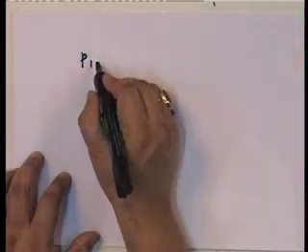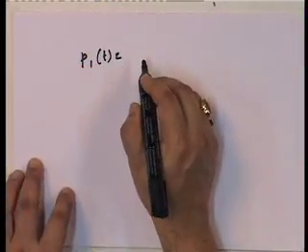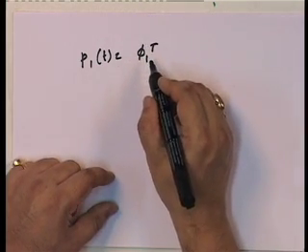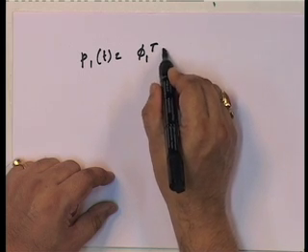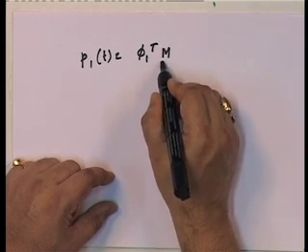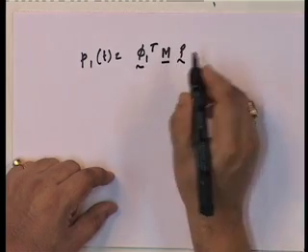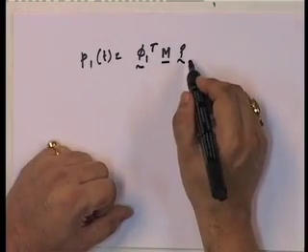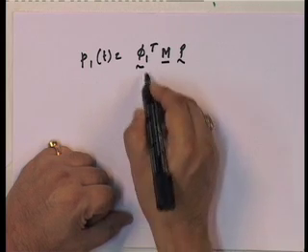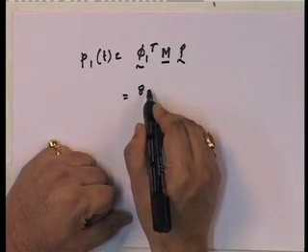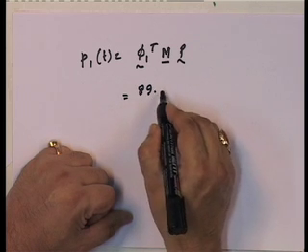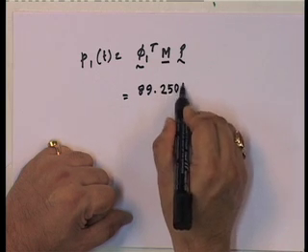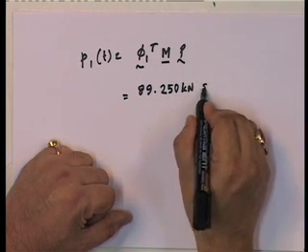So, let us look at P1 of t, which is equal to phi 1 transpose M into P. If you do that and substitute, this turns out to be equal to 89.250 kilonewton sine.